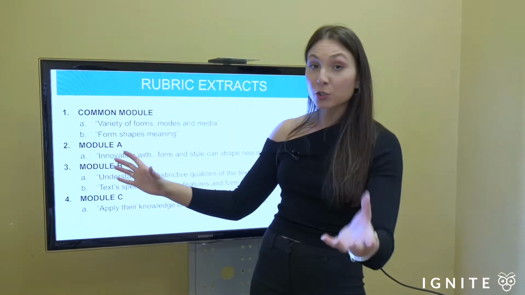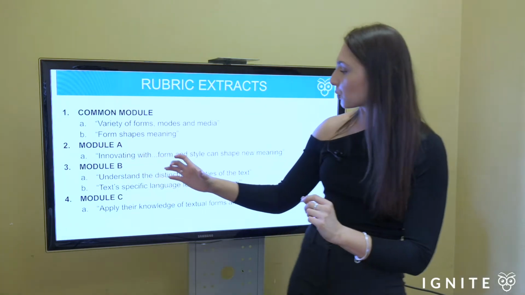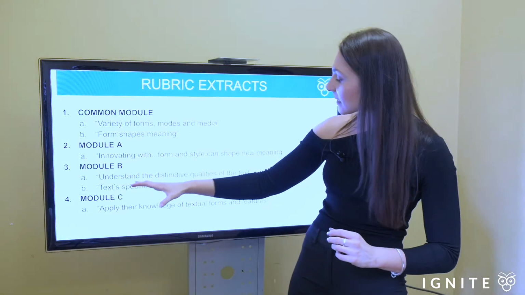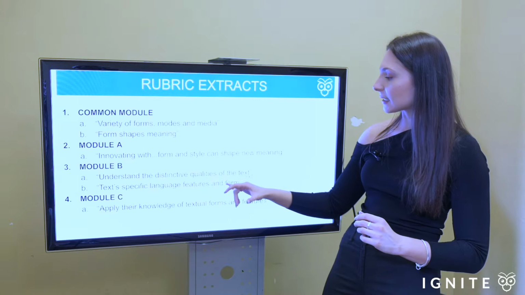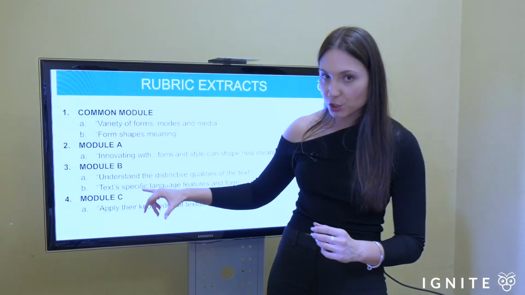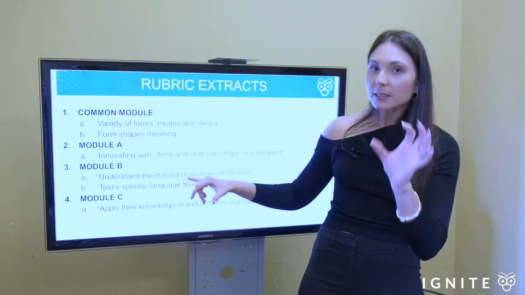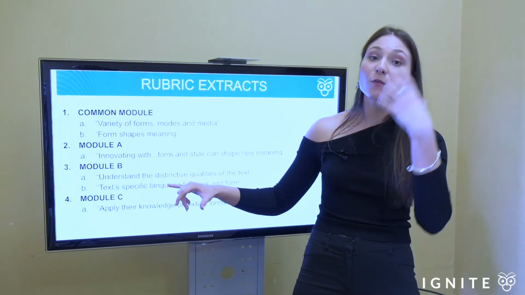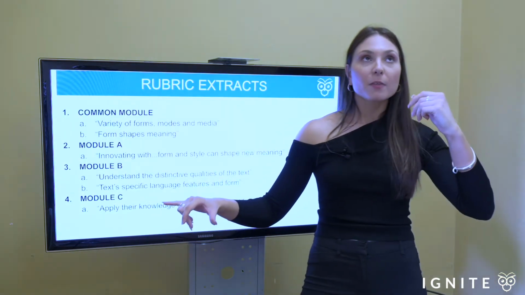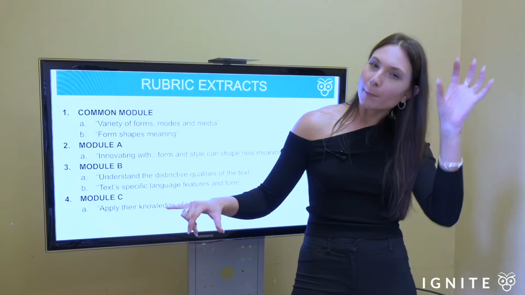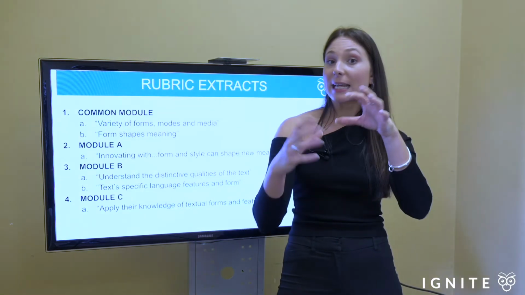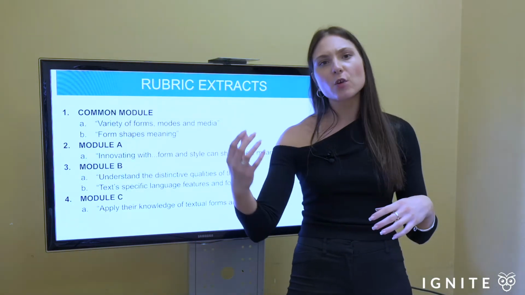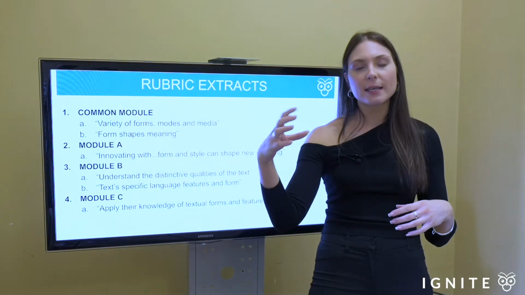In Module B, when you're doing that critical study of the text you're looking at, you want to understand the distinctive qualities of the text. That's an implied gesture towards form. Distinctive qualities of a text type will, of course, consider the stylistic features that a composer opts for, for example, T.S. Eliot, the use of the stream of consciousness, the intertextual allusions that he draws.